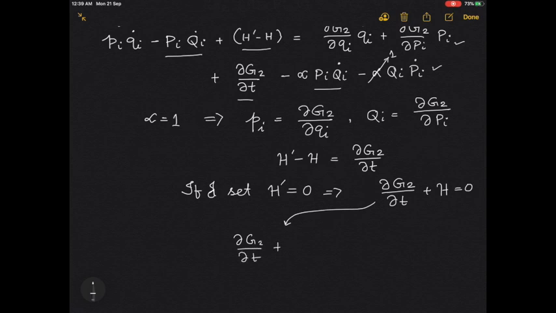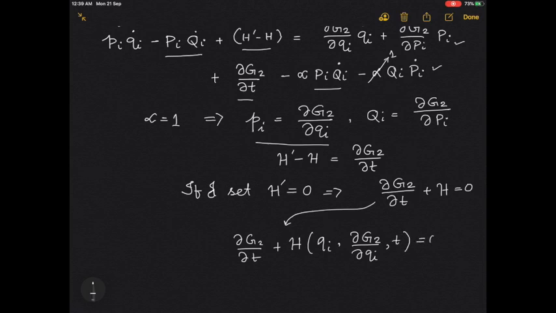And I can go one step further. I can say that del G2 del T plus H, which is the old Hamiltonian, is a function of Qi, it's a function of Pi, but the Pi is given here.